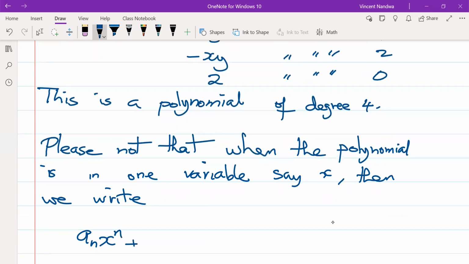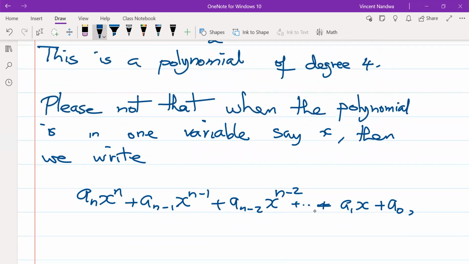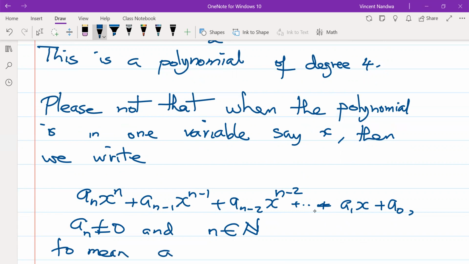an x power n plus a(n minus 1) x power n minus 1 plus a(n minus 2) and so on, plus a1x plus a naught, where an is not 0 and n is a natural number. We write this to mean a polynomial of degree n.